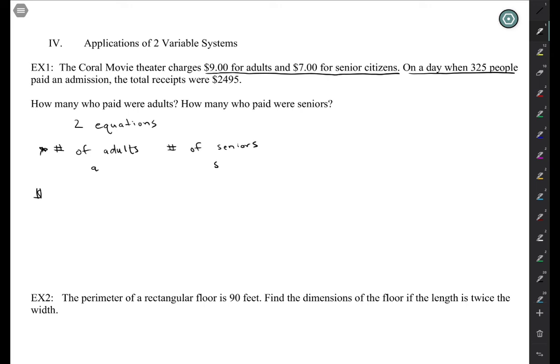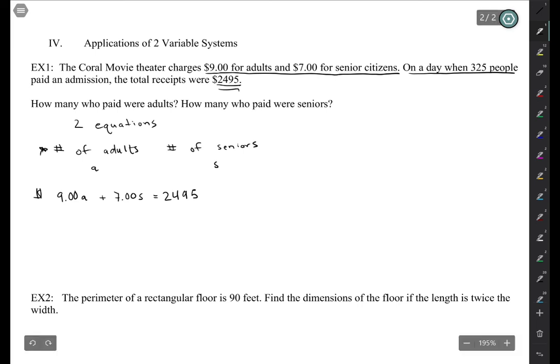So $9 for adults. So that's $9 per each adult. $7 plus seniors. If I add the number of seniors that come, I know that I should end up with, how much money did they make? $2,495. So all the monetary values are included.